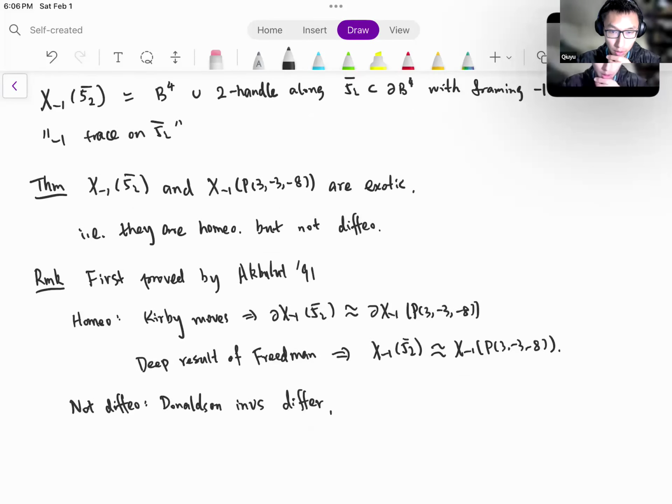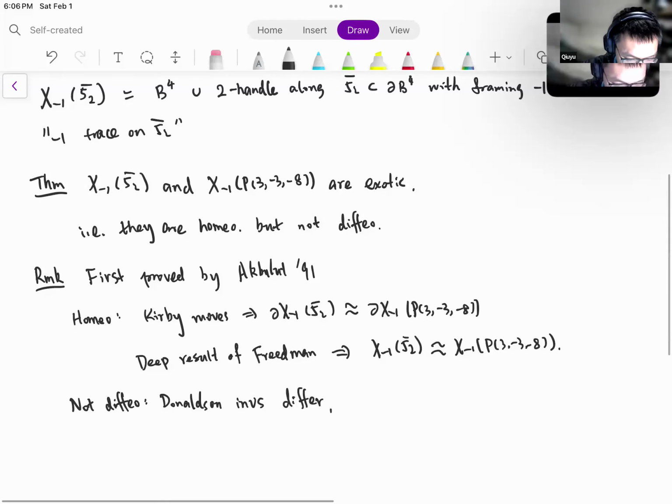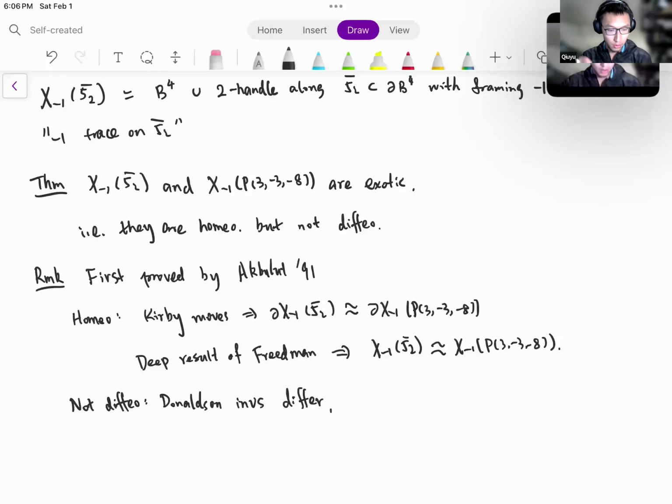But today what we are going to do is provide a so-called analysis-free proof, and I'll explain what our invariant is that lets us accomplish this task. As far as I know, this is the first gauge-theory-free proof of the existence of exotic compact orientable four-manifolds.